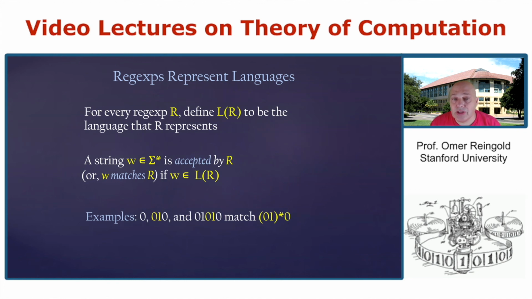0, 0 1, 0 0 1 0, 1 0 all match the expression (0 ∪ 1)* 0. This expression says that you can take 0 or 1 any number of times, either 0 times, 1 time, or concatenate it any k number of times, and then at the end you need to concatenate 0. So all of these match (0 ∪ 1)* 0.